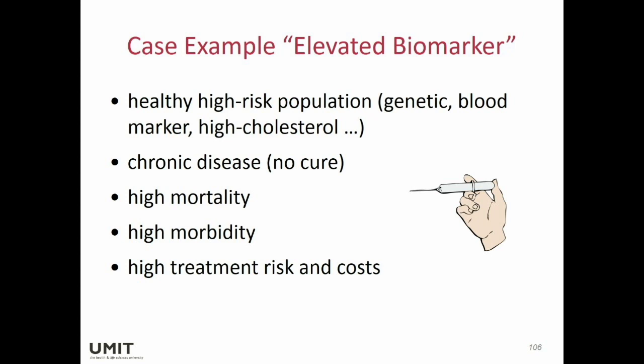Luckily, now there is a treatment. However, this treatment also comes with quite some risks and additional costs. So now it is on us to find out whether we should have the treatment or not.